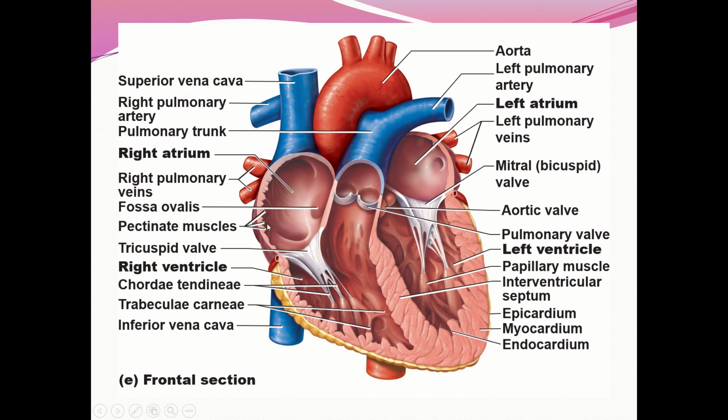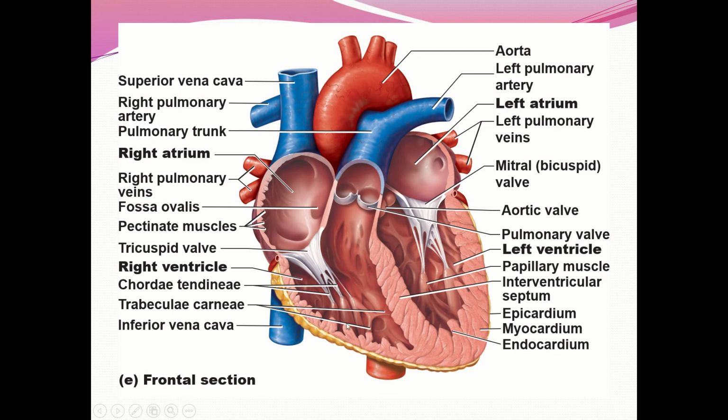Then the blood will pass through the tricuspid valve into the right ventricle. And we see the chordae tendineae that help connect to the papillary muscle and the tricuspid valve.